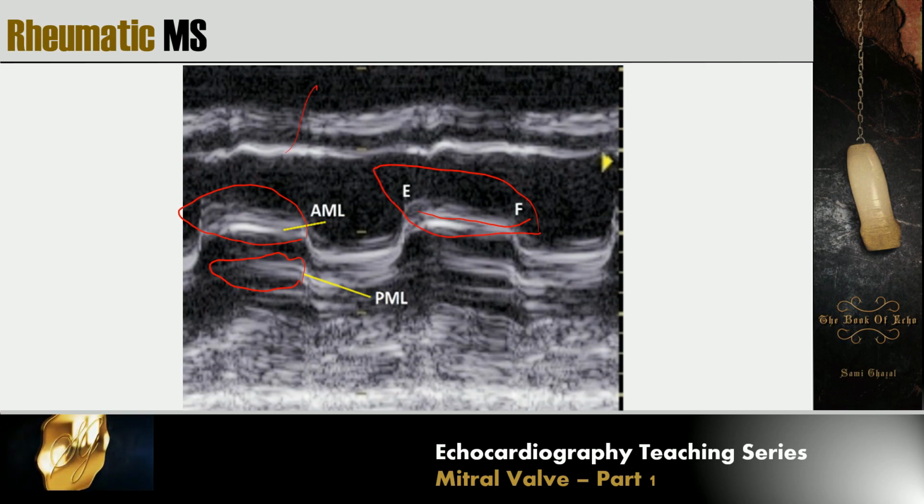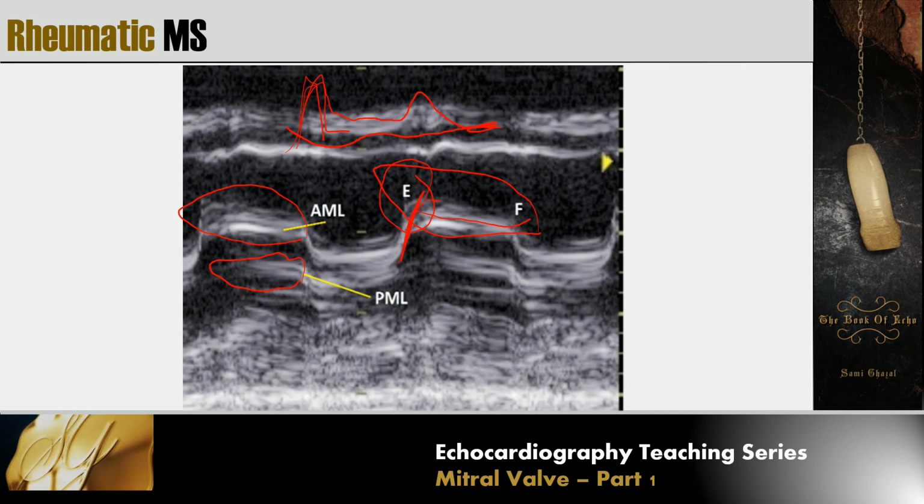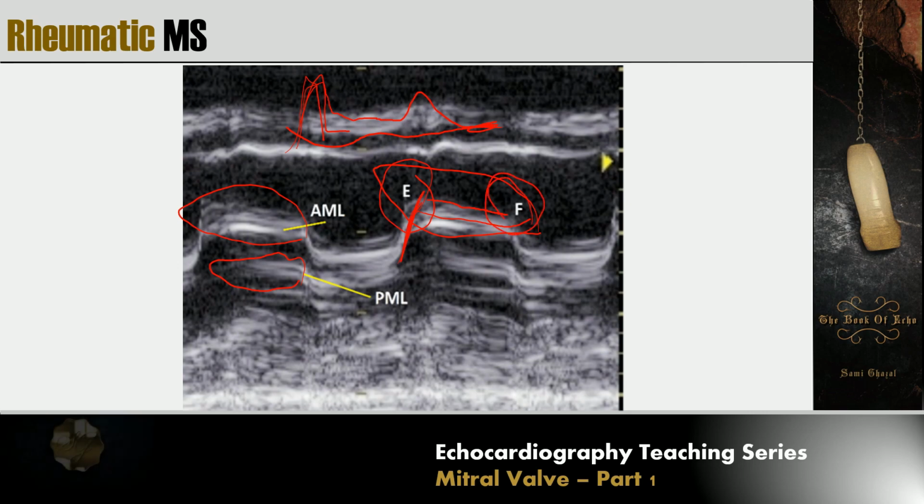Normally, you will have an E wave or an E motion upward, early motion, then the valve will come down to a semi-closed position, then you will have an A motion, and then the C where will be the closure of the valve. However, in mitral stenosis, you will have the early upward motion, which is the E, and then it will continue with a slow downward slope.